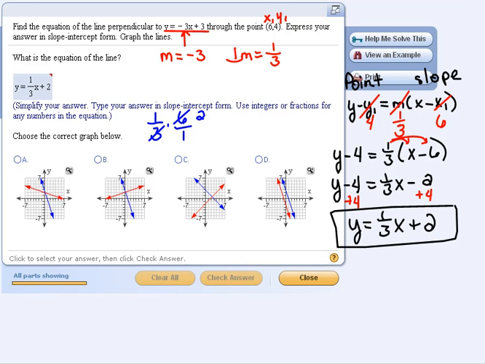Now they're asking you to choose the correct graph below. Well, you could do this a couple of different ways. You could either graph your original equation on your calculator, and graph the second equation that you found, a y1 and a y2, and then just choose the correct picture.